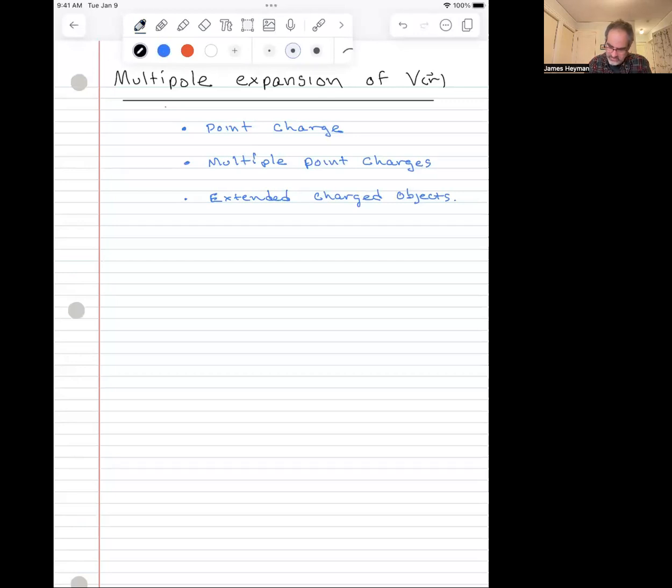Today, we'll see that we can describe the different terms in the multipole expansion in terms of properties of our source, properties of our object. So we can say that the object carries a net charge, for example.